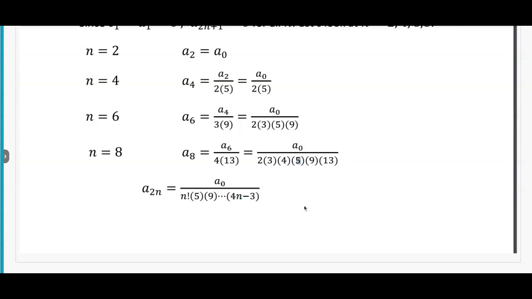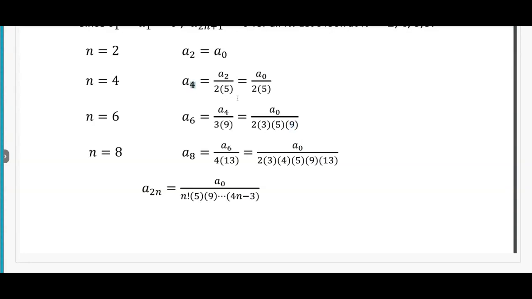Then 5 starts with, think about this, n is 4, we have this 13: 4 times 4, 16 minus 3, that's 13. If n equals 3, 3 times 4 is 12, 12 minus 3 gives us 9.